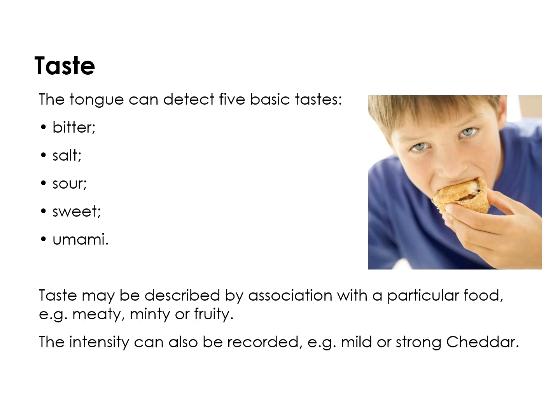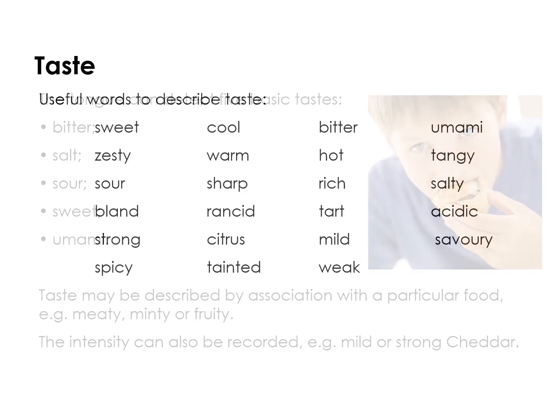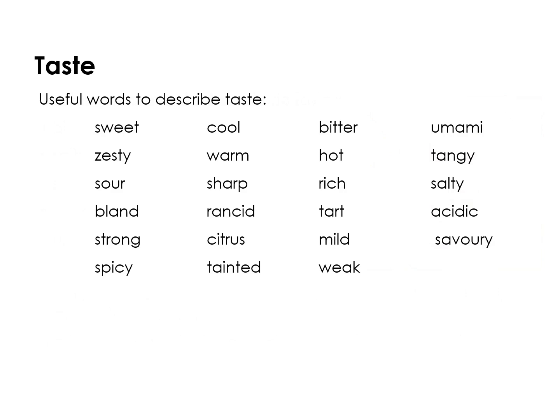The intensity can also be recorded, like mild cheddar, strong cheddar, like it has a mild taste, or it has some strong taste. So these are some useful words to describe taste.